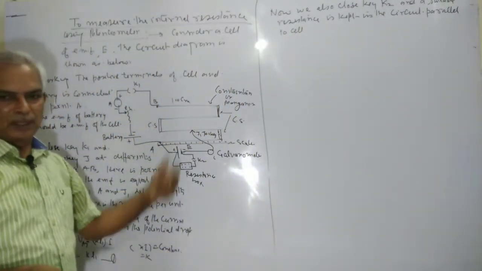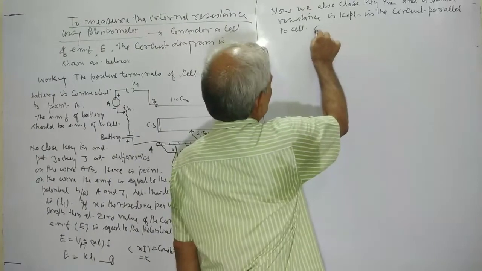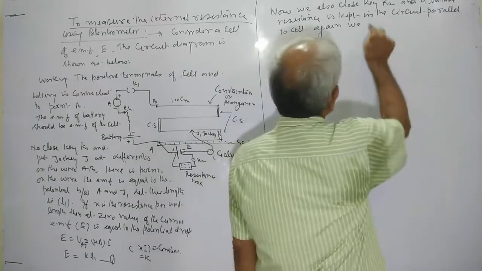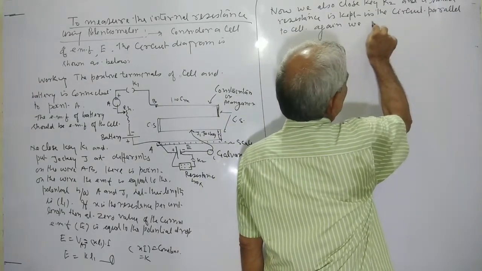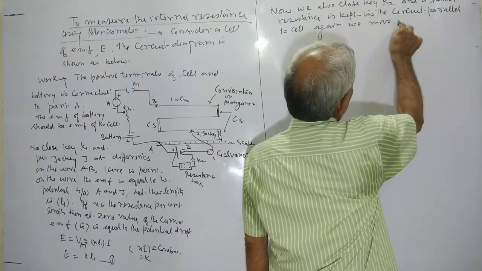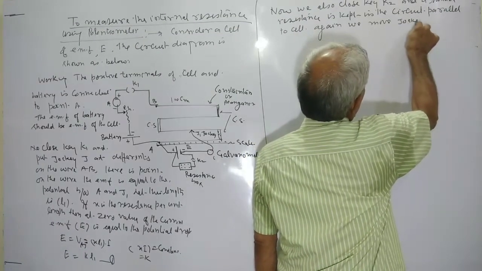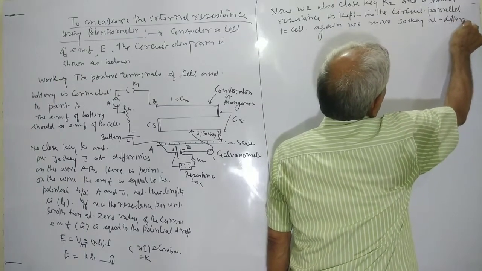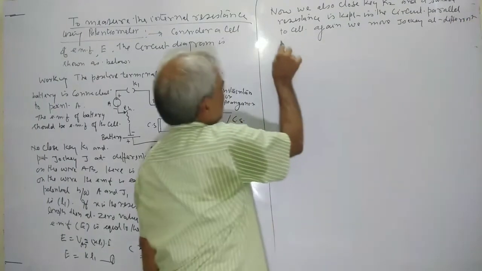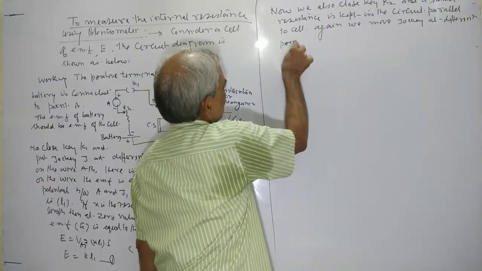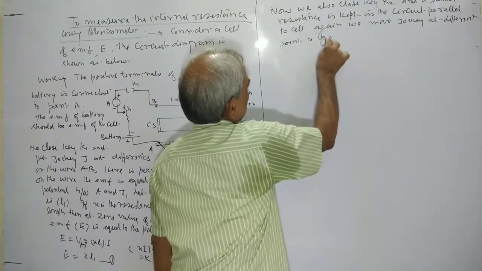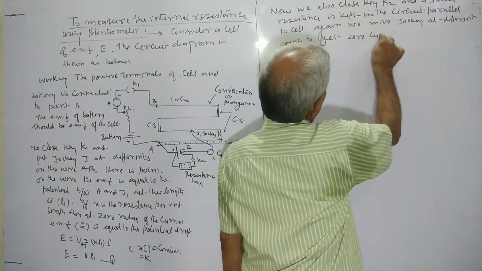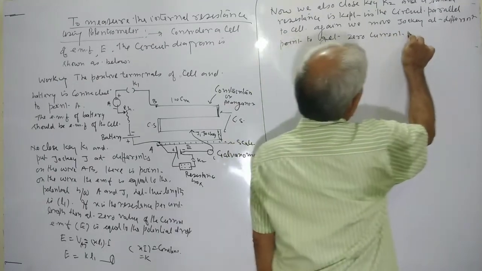Again we take the null point. Again we move the jockey at different points to get zero current in the galvanometer.